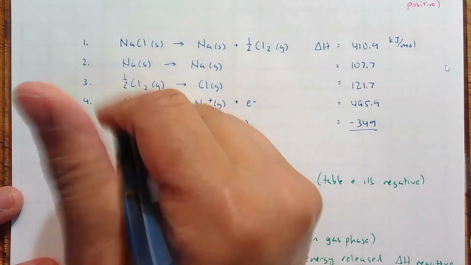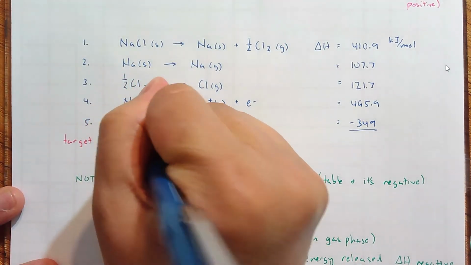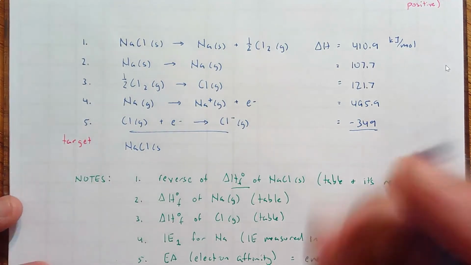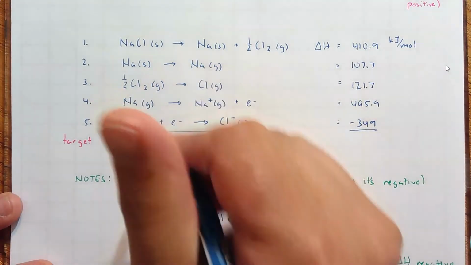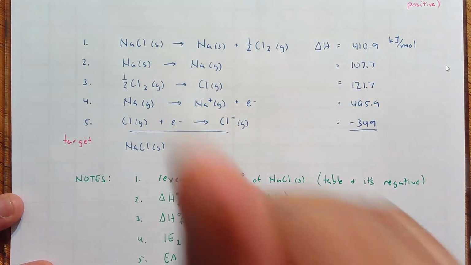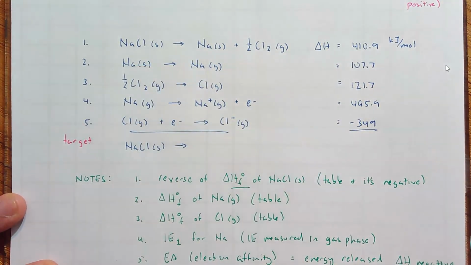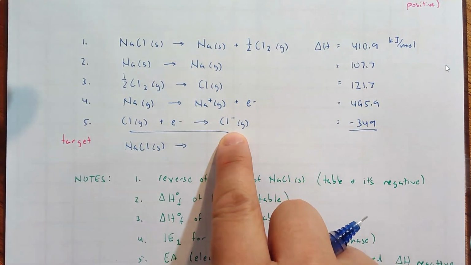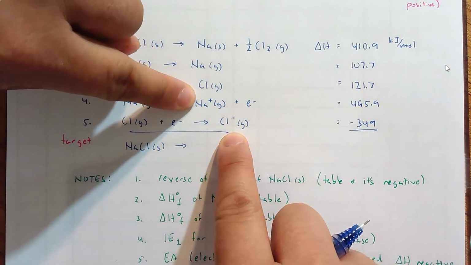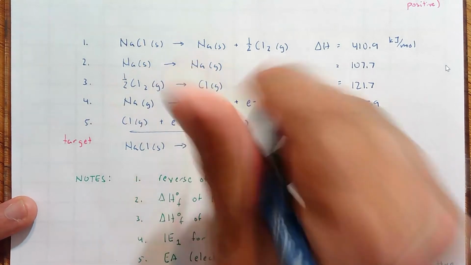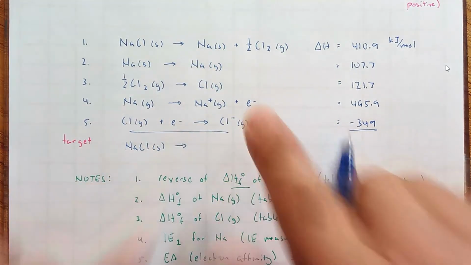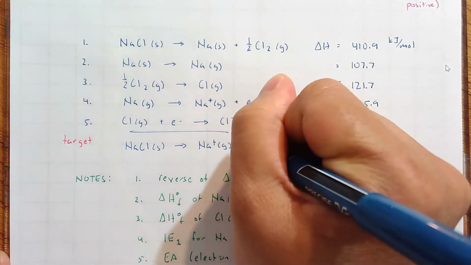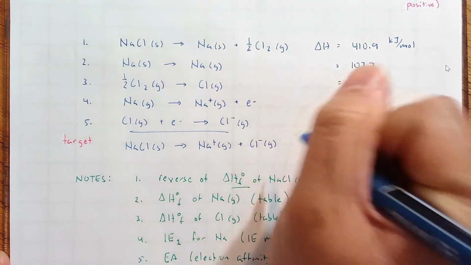Eventually, you'll have NaCl when you add everything and cancel out the components on both sides. You'll have sodium chloride going to, give me 1 second, that's not canceled out, and that's not canceled out. Even the electrons cancel out. But anyway, Na plus gas, Cl minus gas.